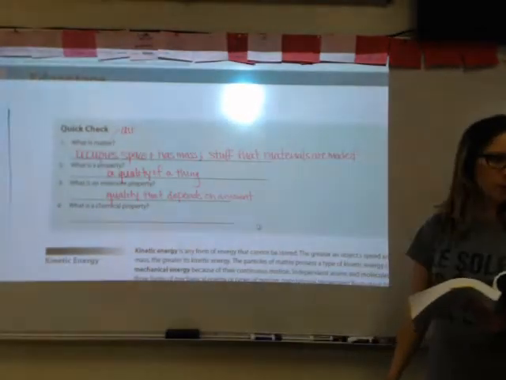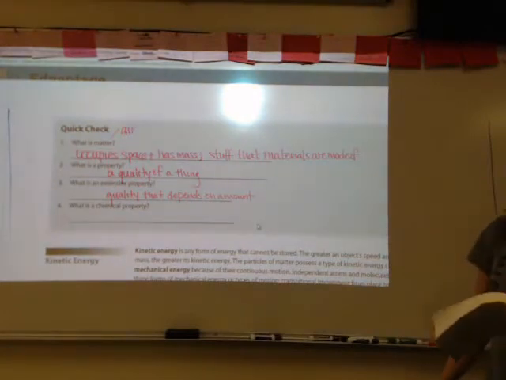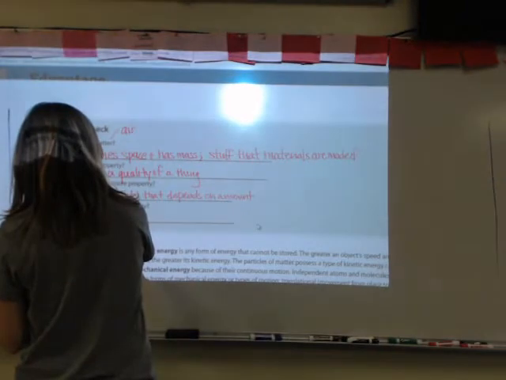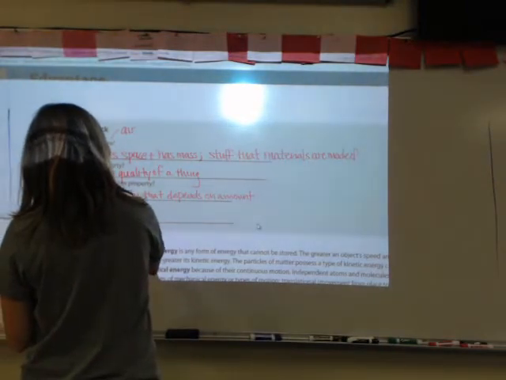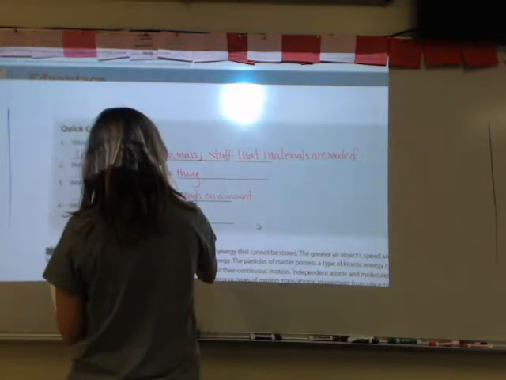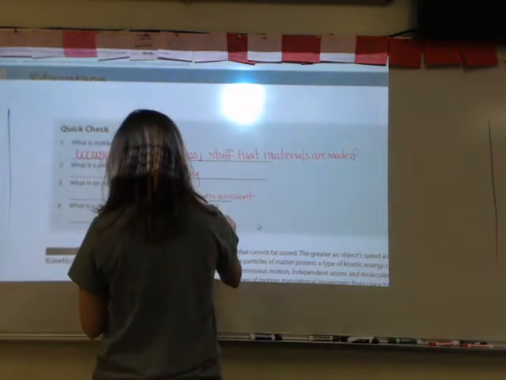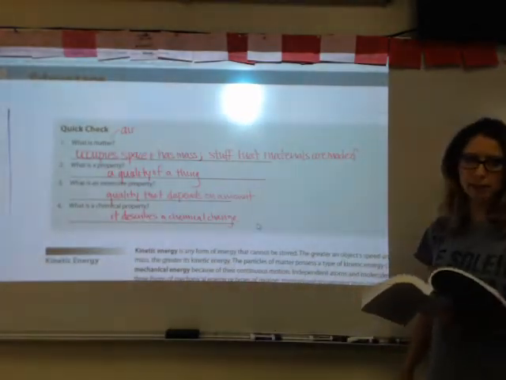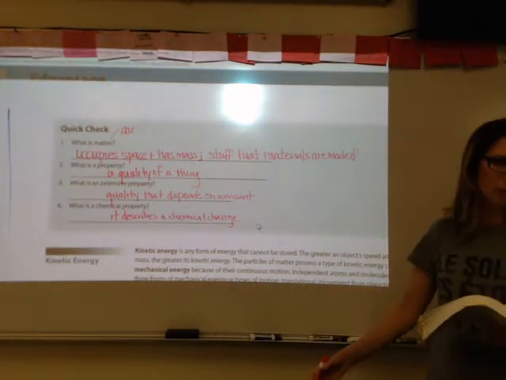Number 4, what is a chemical property? That's a property that describes a chemical change. For instance, the tendency of something to react, the tendency of something to rust.